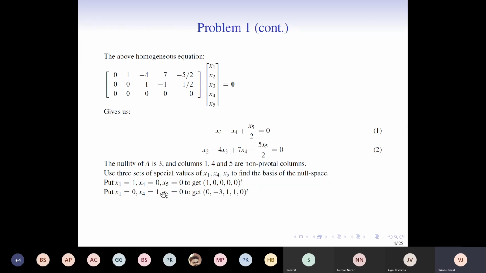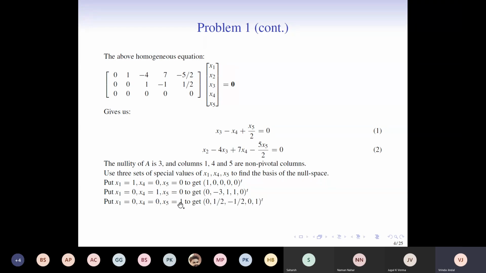The second vector, similarly, put x4 equal to 1 and x1 and x5 as 0. So when we do that, we get the value of x3 from equation 1, which is equal to 1, and then from equation 2 we get the value of x2, which is minus 3.